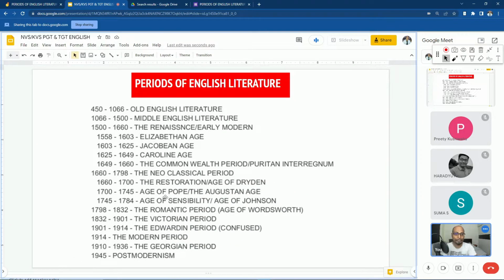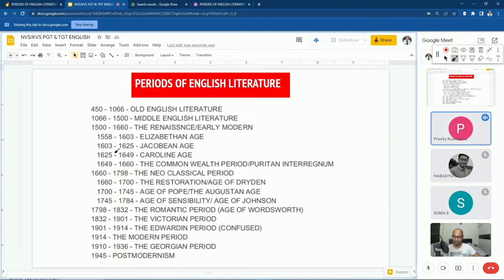Again, repeat. 450 to 1066, Old English literature. 1066 to 1500, Middle English literature. 1500 to 1660, the Renaissance period. Here I got confused, sir, because it starts from 1558, so there is an 8 year gap here. 1558 to 1603, Elizabethan age.